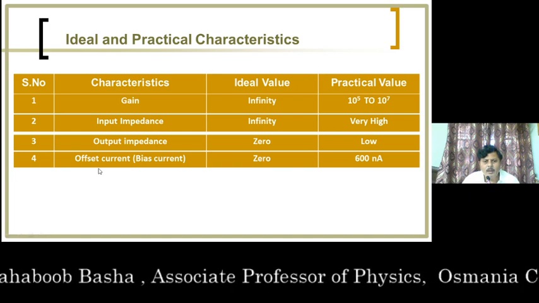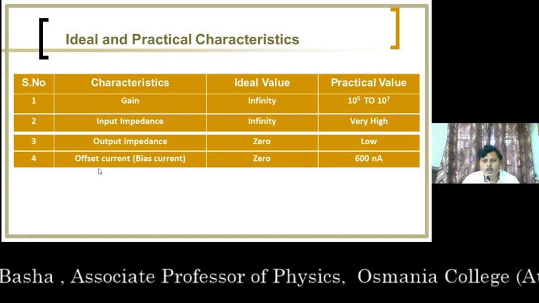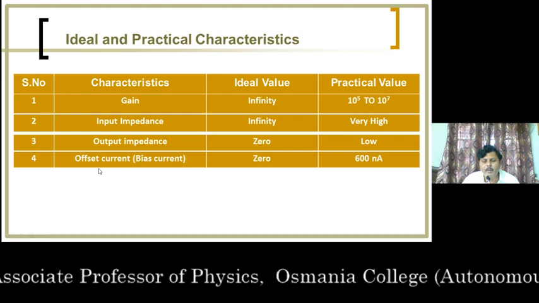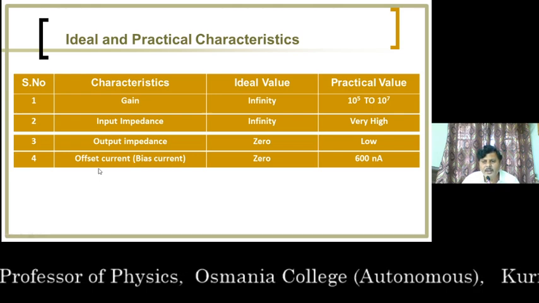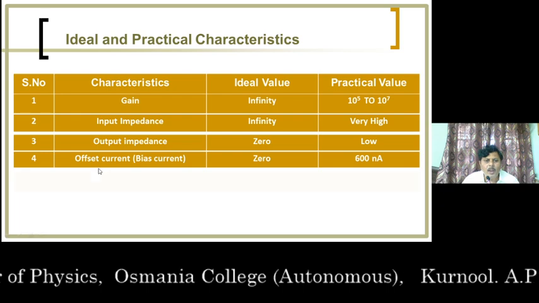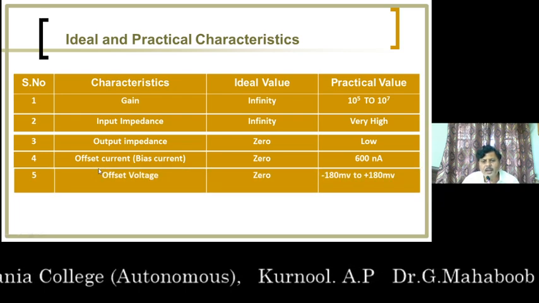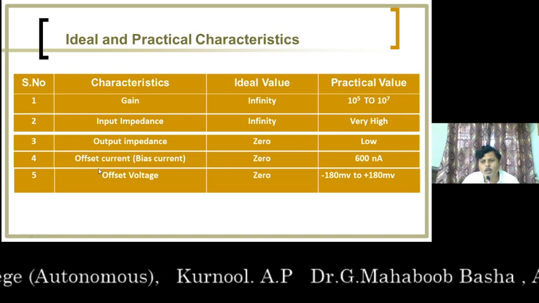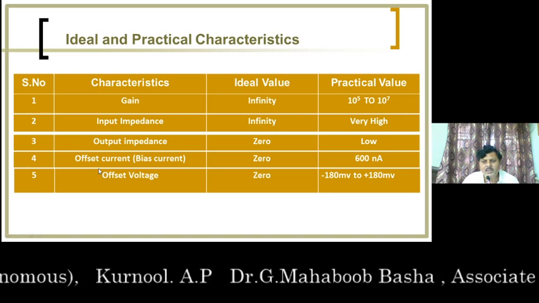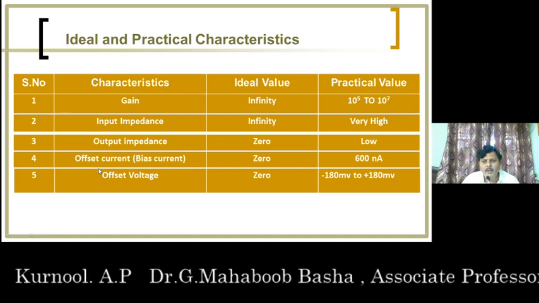Offset current: the ideal value is 0, but practically we should get less than 600 nanoamperes. Offset voltage: the ideal value is 0, but practically we get minus 180 millivolts to plus 180 millivolts. It is unwanted voltage that should be neglected.